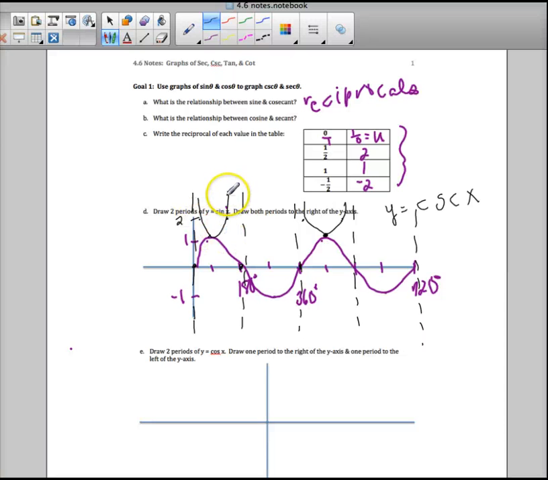Let's go through negative 1/2. Everywhere sine equals negative 1/2, cosecant will equal negative 2. Everywhere sine equals negative 1, cosecant will equal the reciprocal of negative 1, which is negative 1. And then I'll connect those dots.